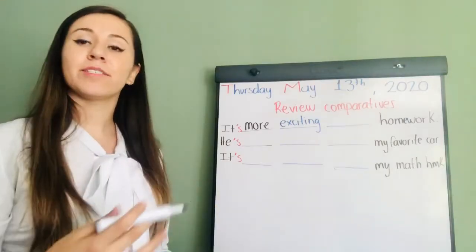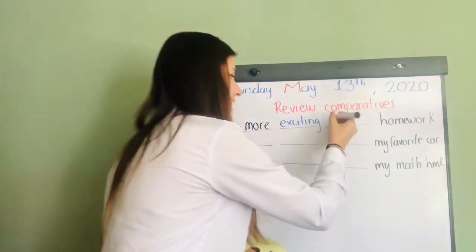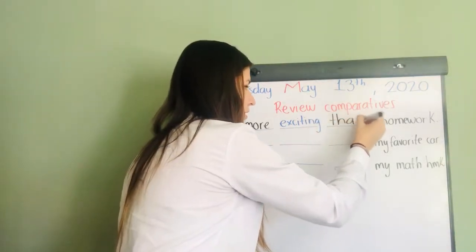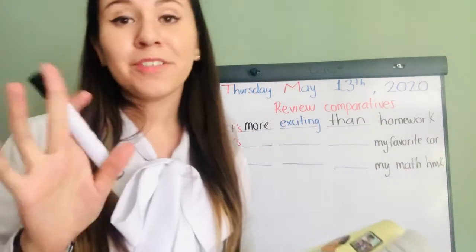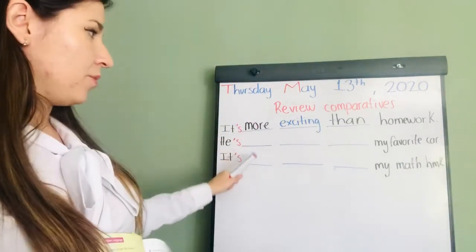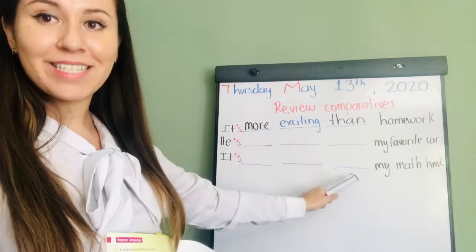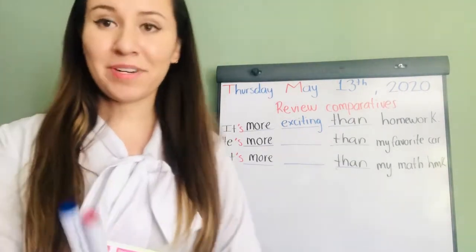More. And next to exciting, we have another word. What is that word? Than. So we have it's more exciting than homework. If you continue with this exercise, you're gonna notice that you're gonna repeat more and you're gonna repeat than. You just have to find these 3 words in the story. It's very easy.